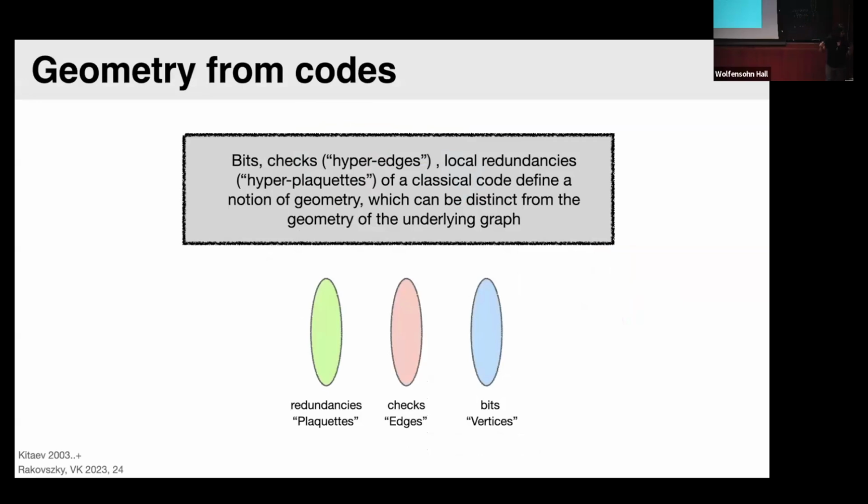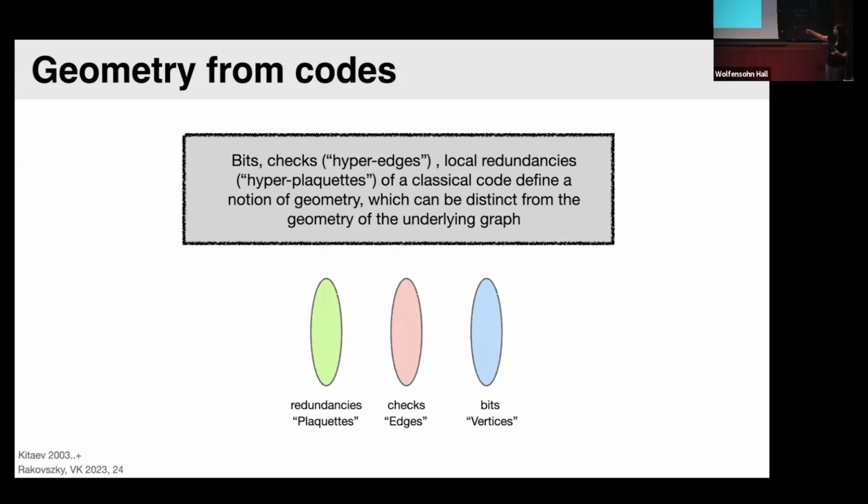And the point is that these bits, checks, redundancies, they themselves now define this notion of geometry. I've put hyper edges and hyper plaquettes because a check doesn't have to act on just 2 bits, right? We saw checks that acted on 4 bits.